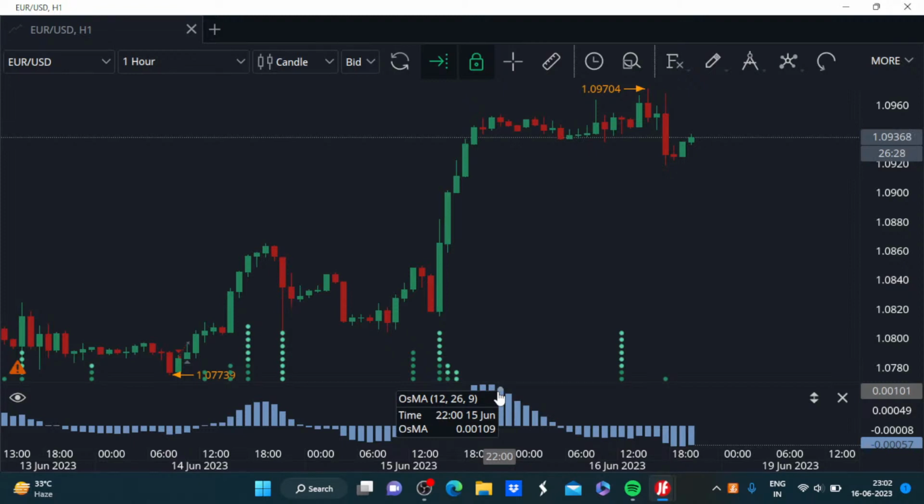But there are some drawbacks as well. As is the case with the moving average, since this is an indicator based on the moving average, we have a lag in terms of the output catching up with the price action. Of course, price action is the fastest way to interpret what is going on in the market.